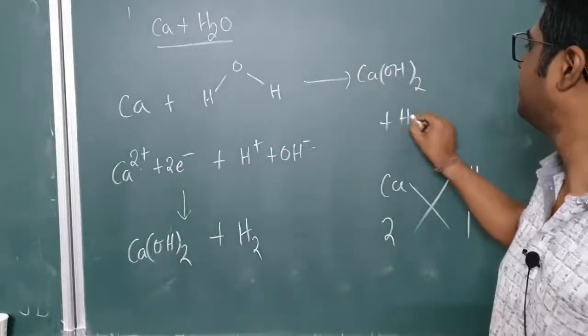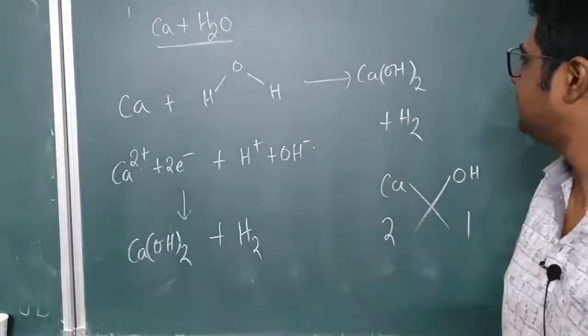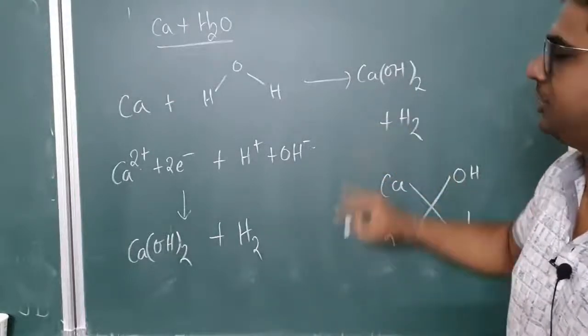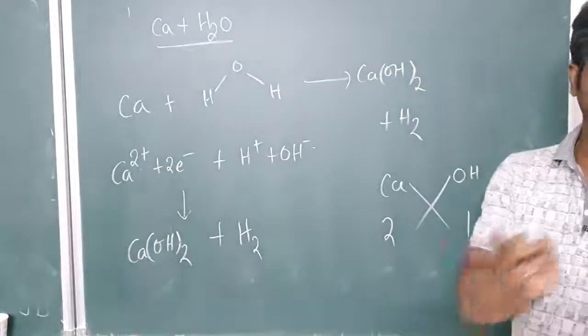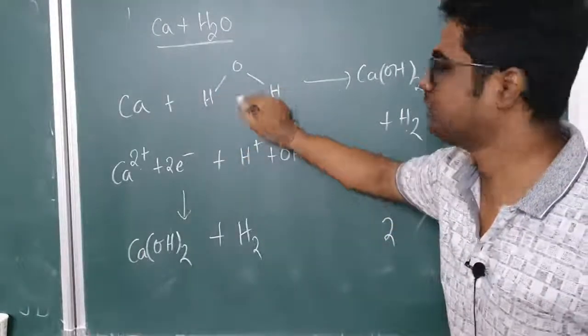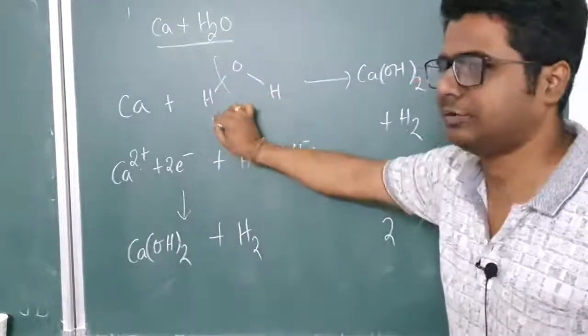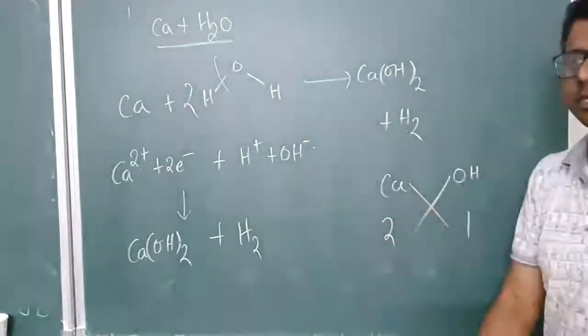Plus H2. Now let's check the balancing. Calcium 1, 1, balanced. Hydrogen, there are two hydrogen, two OH. See, the balancing is so easy when you count it as H and OH. Just think of it like this: one hydrogen, one OH, multiply by two. Two hydrogen, two OH. Finish.